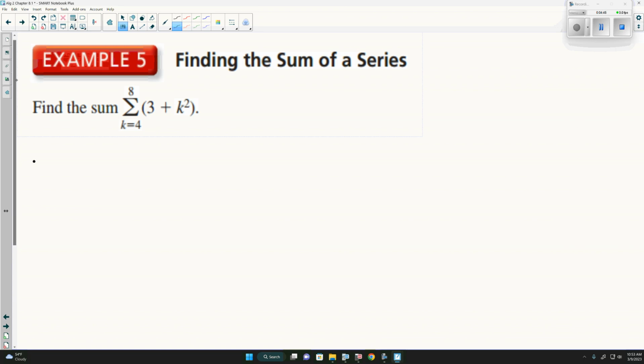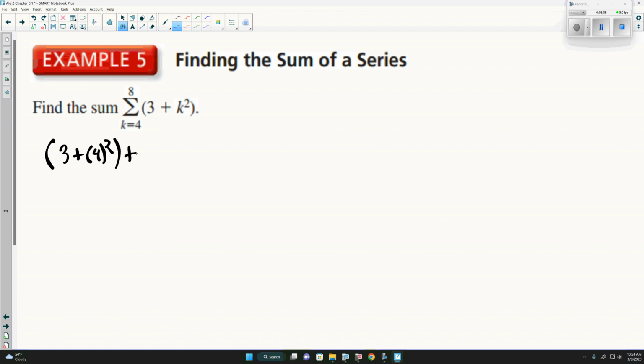Now, the other part of the lesson that we're going to do are these here. Find the sum of a series. So we plug it in. Now, the first value of k that we're using is what? 4. So we'll say 3 plus 4 squared.